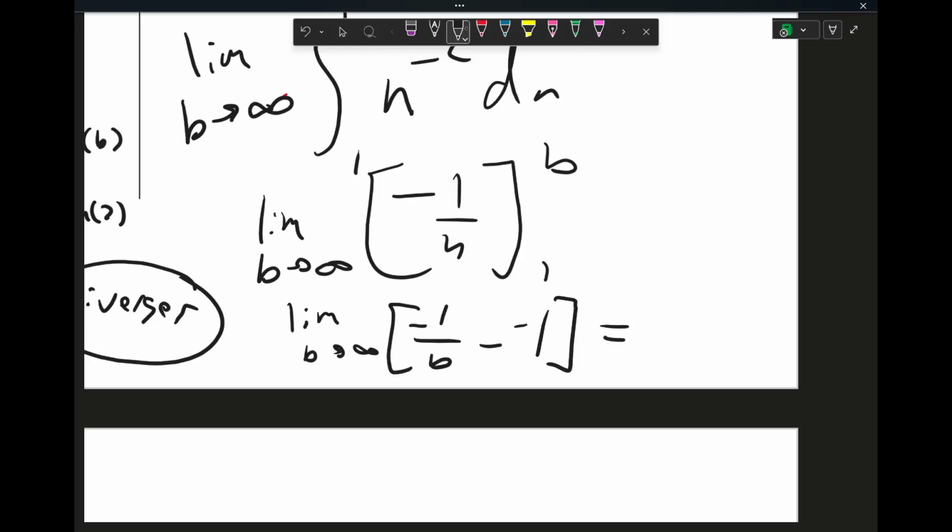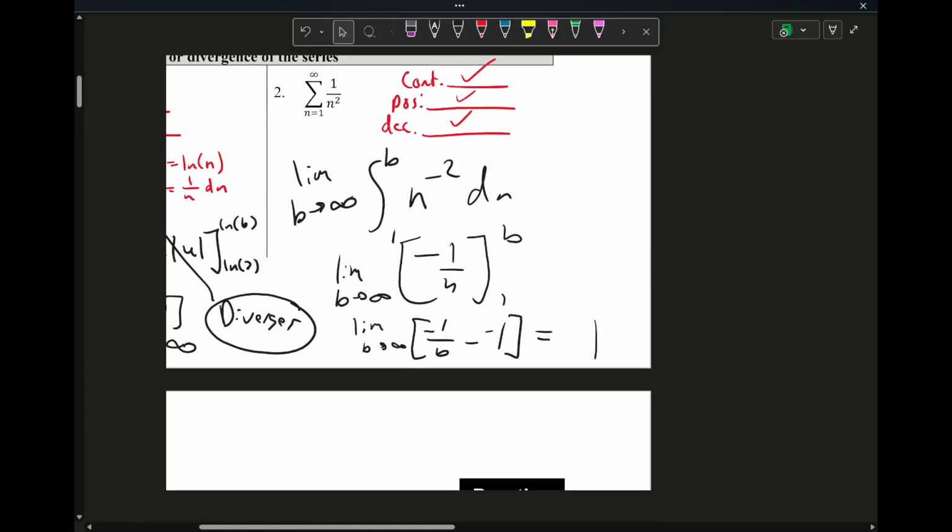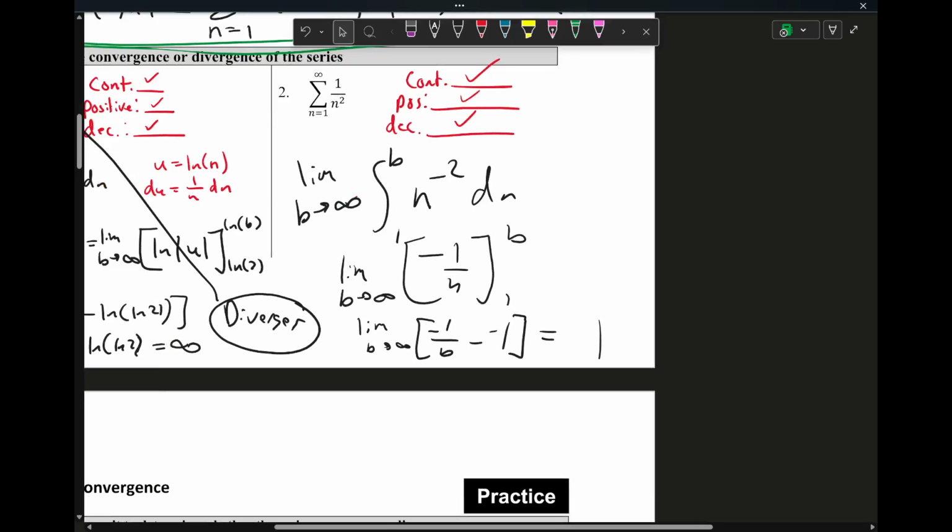So what does all this mess come out to be? 1. Okay. So what? Who cares? What does that mean? It converges. Since this converges, this also converges. That's what we just figured out.